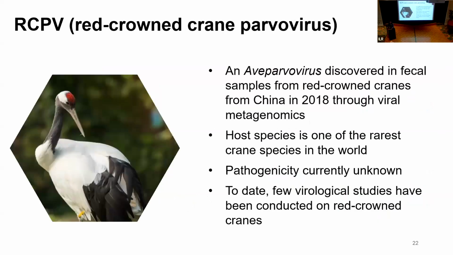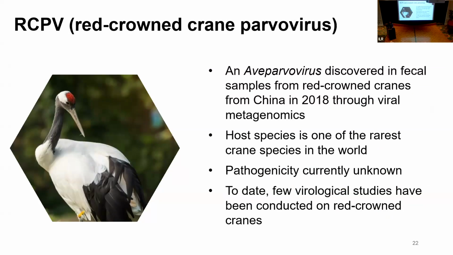All right, so 2 Avi parvoviruses that I've worked on recently are, first, red crowned crane parvovirus, which is an Avi parvovirus that was discovered fairly recently in 2018 from a metagenomic study using fecal samples from both domestic as well as wild red crowned cranes in China.